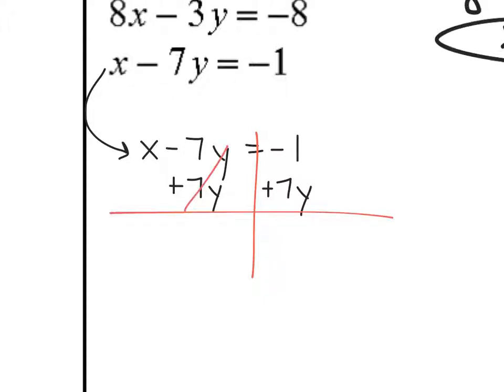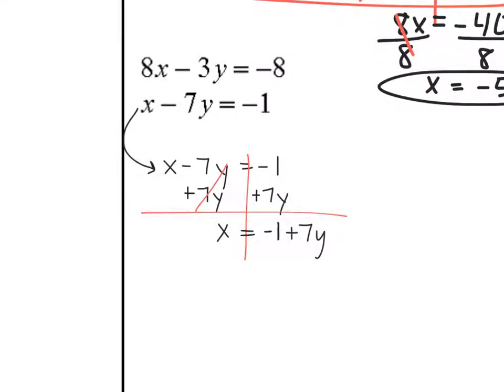So we move that over. We're left with x equals, are these like terms? -1, 7y? No. So -1 plus 7y is how we're going to have to write it. Okay, now we have an equation that works.